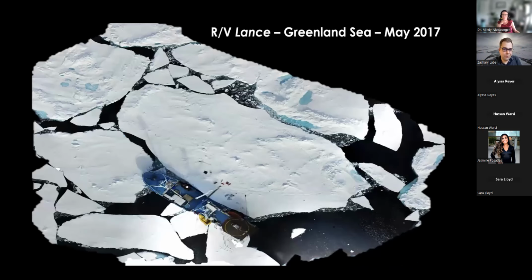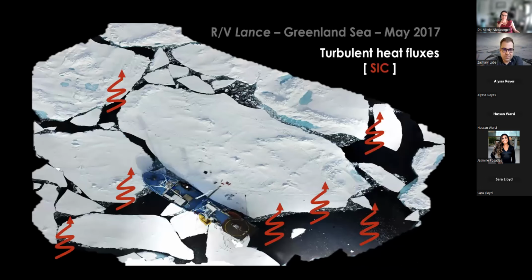So I'll dive really quickly into the science using the drone image I showed you earlier of our boat. Remember I said that the areas in white are sea ice, and areas in dark shading are open water. This is really important, because where there's no sea ice, the ocean is basically touching the atmosphere.